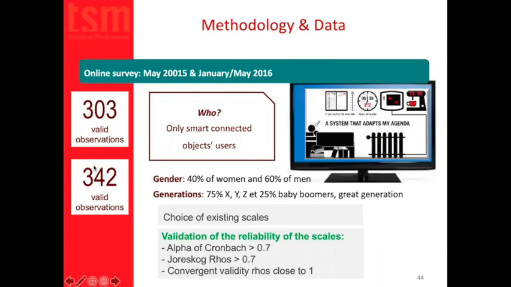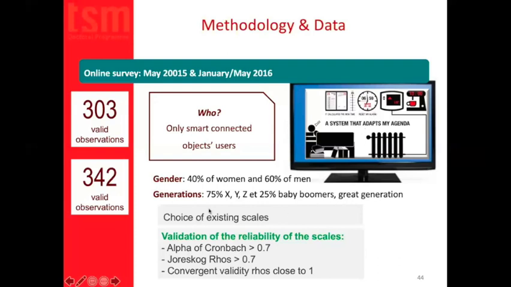So we ask students to survey their parents and grandparents in order to have a more representative sample. The sample has 40% women and 60% men, who are only users who really use smart connected objects. We primed them with a video about Google Agenda, which is connected to IoT and simplifies our life.